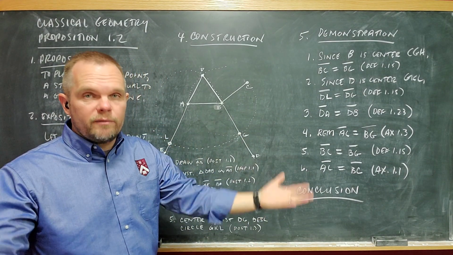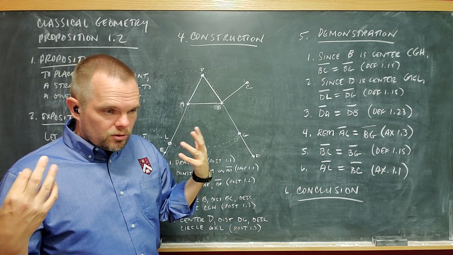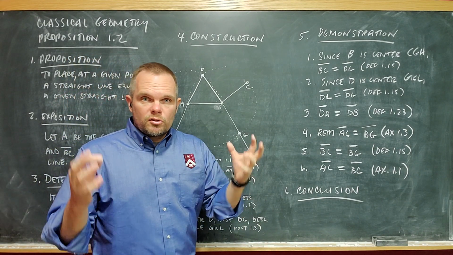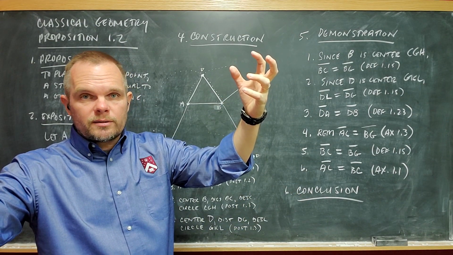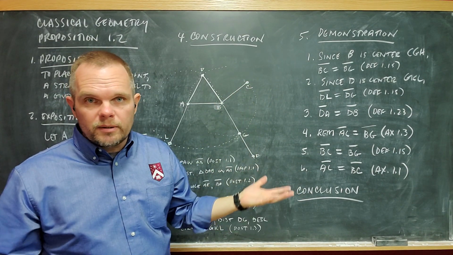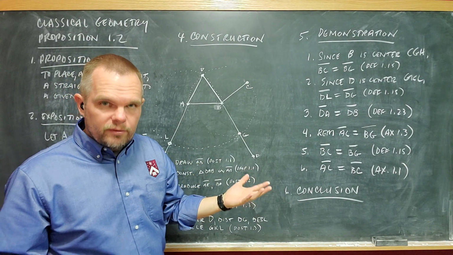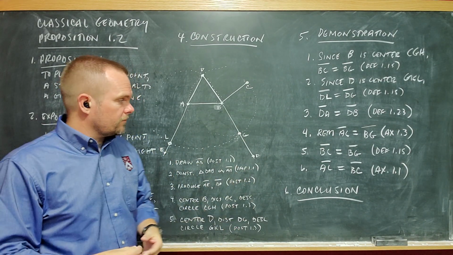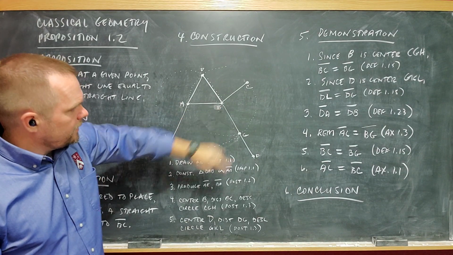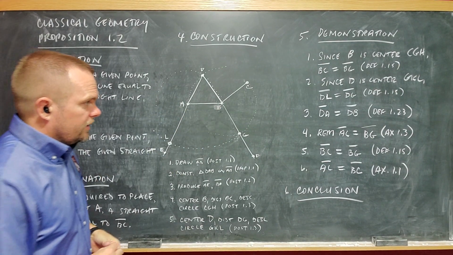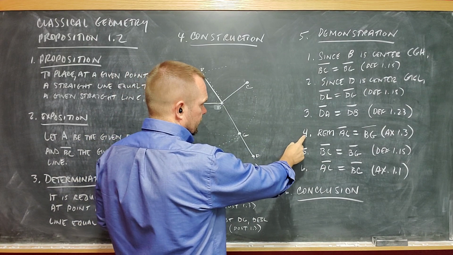That's a self-evident truth. If you subtract two equal quantities from two equal quantities, the remainders must be equal. That's an axiom. Okay? So AL must be equal to BG. Okay, that's point 4.